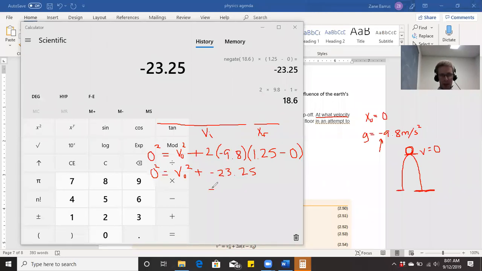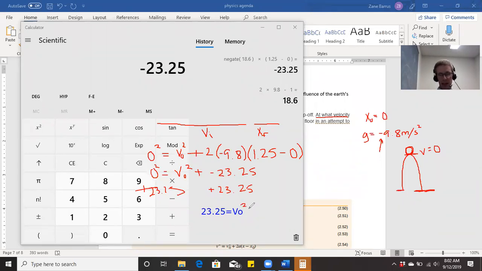Let's plus this 23.25 over to the other side. Okay, so whatever you do to one side of math, you got to do the other. 23.25. Okay, I'm going to get my typing up because that's going to be a little bit faster. So 23.25 should now be equal to V0 squared. Okay.